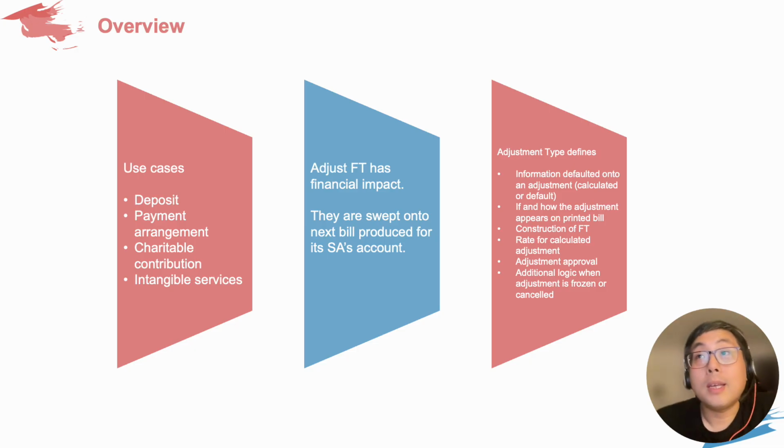credits, which means payment minus billable charge or bill segment amount moves onto the excess credit. So some implementations will do that. Second, adjustment FT has financial impact, as we already talked about. They are swept onto the next bill generated in its SA's account, very similarly to payment.